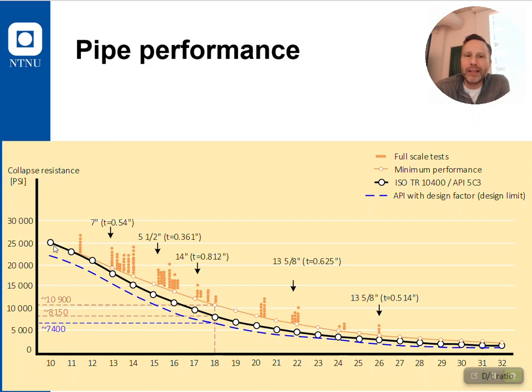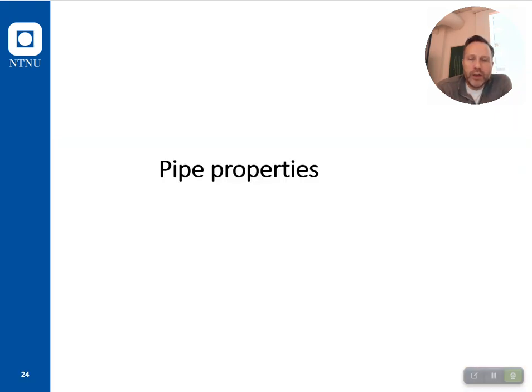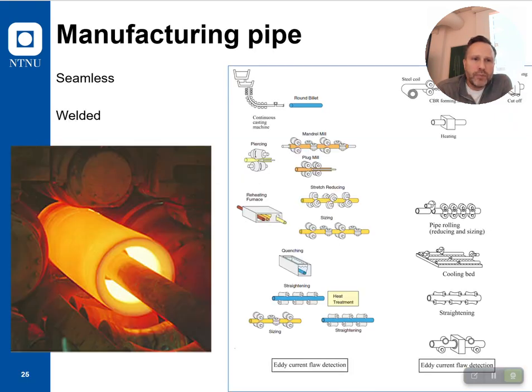Because it's mathematically derived from yield, which is accurate. And basically it's the same when you go over to elastic collapse, mathematically derived, more or less no difference. All right. When it comes to the pipe properties, we remember.